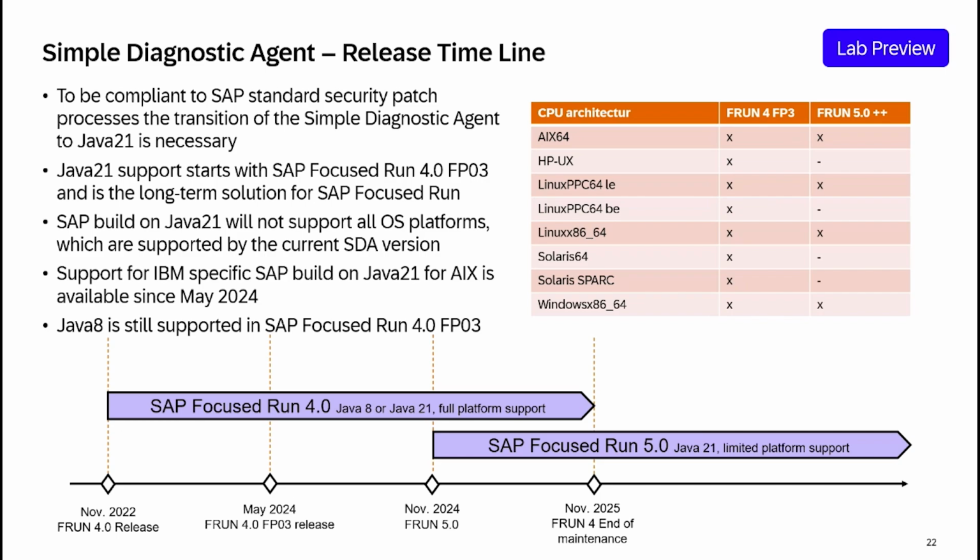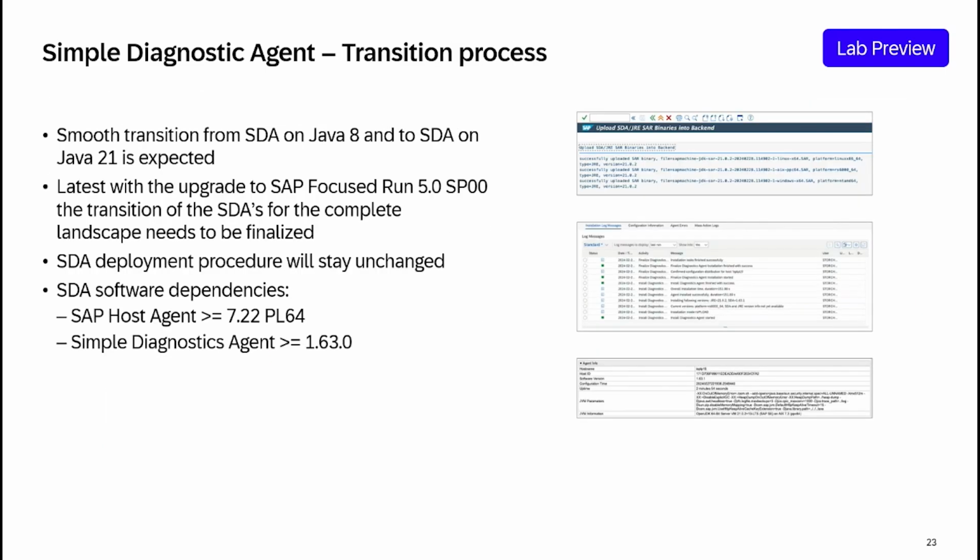This information is not brand new. This has been already rolled out to the major Focused Run user and the German user group. We have collected also feedback from the different Focused Run user, and we think that this is a smooth process that can be established.